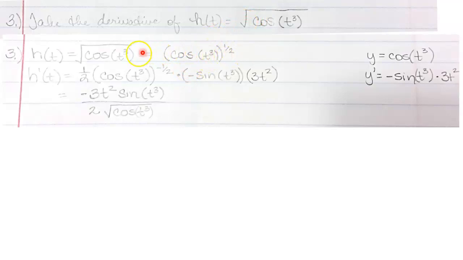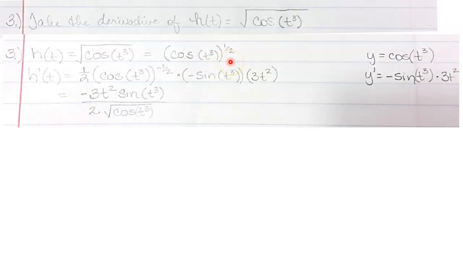Now, please notice that it's not cosine to the 3/2. In order for it to be 3/2, this entire thing would have to be raised to the 3rd power. It's just the t that's being raised to the 3rd power. So cosine t cubed, the quantity that's underneath the radical, there's only one of those. So that's to the 1, and then square root gives me a 2 right here. So cosine t cubed to the 1/2.